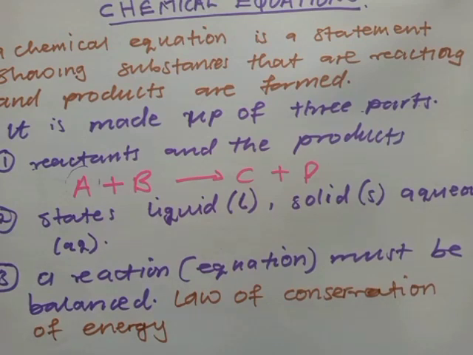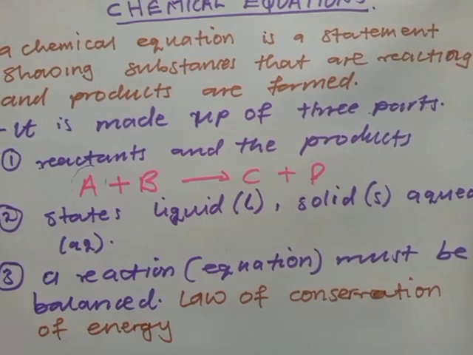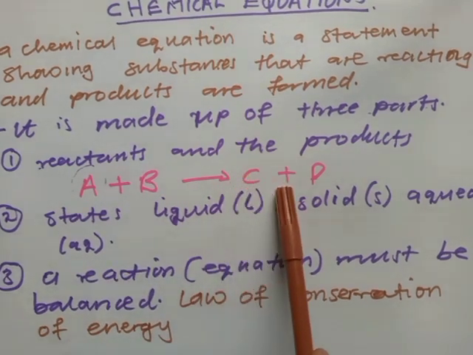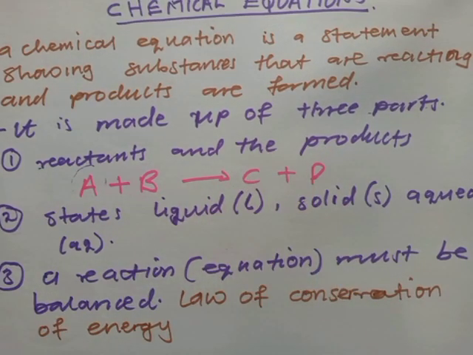This time around, I think we are able to tell what this same law is trying to mean. What's the meaning of this same law? In short, this same law is trying to tell us that mass can neither be created nor destroyed, but only be transformed from one form to the other. Meaning that what amount of mass you are having on your left hand side must be the same mass you are going to get on your right hand side.